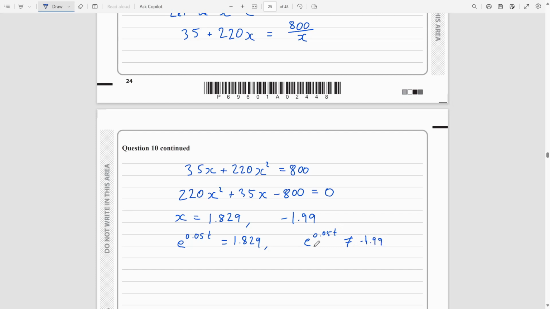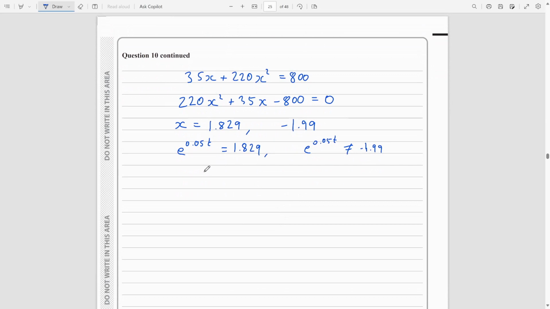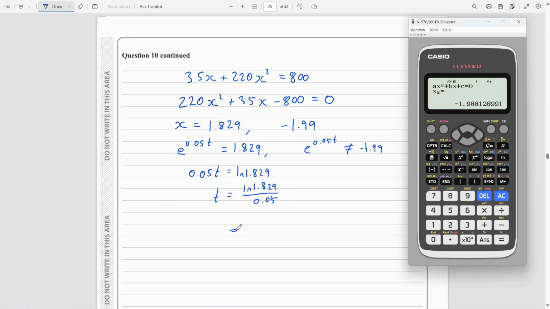So that does not get you a solution. e to the 0.05t is not negative. So we can just solve this. 0.05t is ln of 1.829, and therefore t is just ln 1.829 over 0.05, and we can work that out on the calculator.